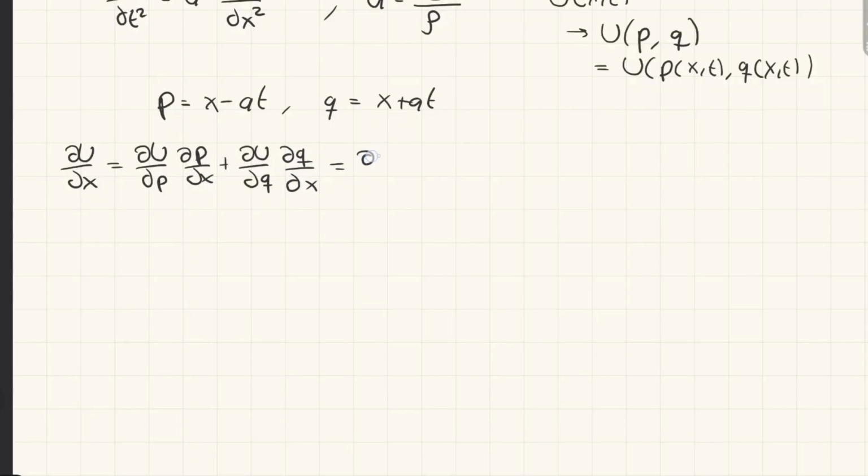The derivative of p with respect to x is just 1, right? Just by looking at this expression. And then plus the derivative of u with respect to q, times 1 again, because the derivative of q with respect to x is just 1.